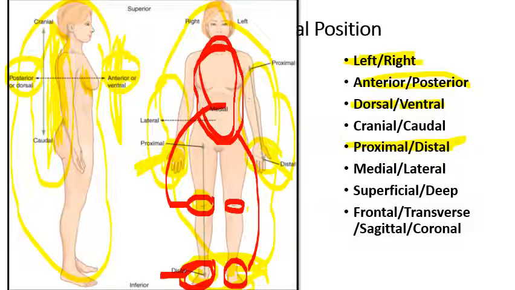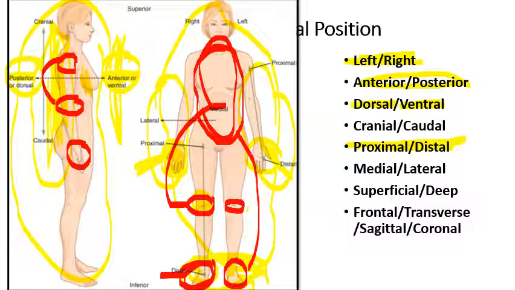Okay, so based on that terminology, how would you describe the position of the hand relative to the elbow? The hand is actually distal to the elbow because it's farther from the trunk than the elbow. How would you describe the position of the elbow relative to the shoulder? The elbow is actually distal to the shoulder.